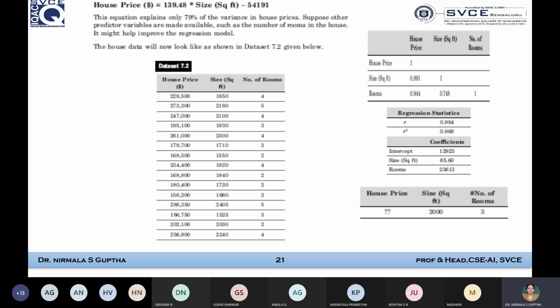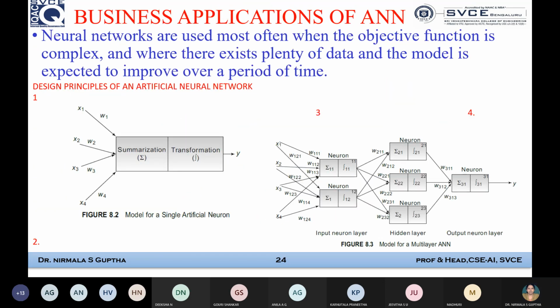So in this way, as I mentioned, there could be n number of inputs, that is x number of inputs. Mathematically, we represent it as x is nothing but inputs, w's are nothing but weights for each input, and y is the output. So yesterday we discussed the first design principle, and we have seen it as per the generalized artificial neural network model.